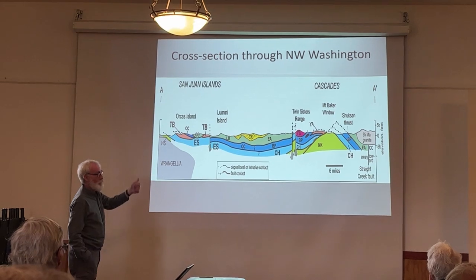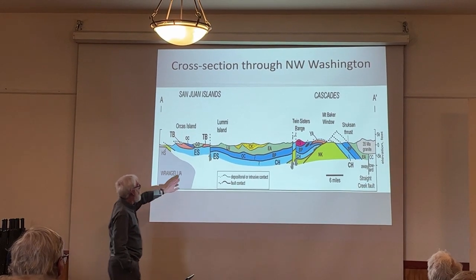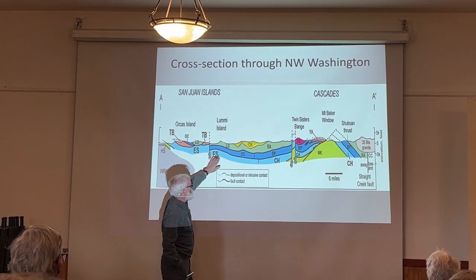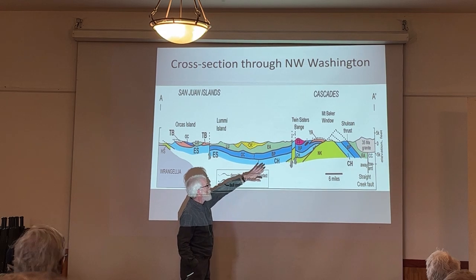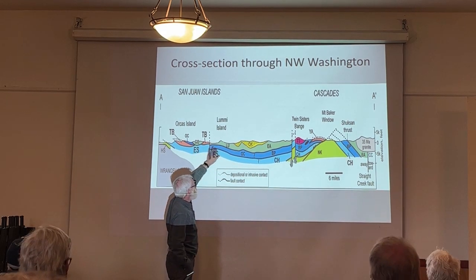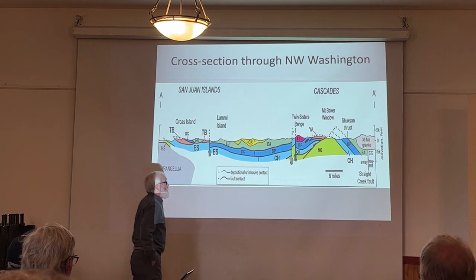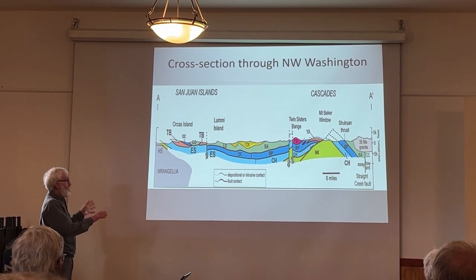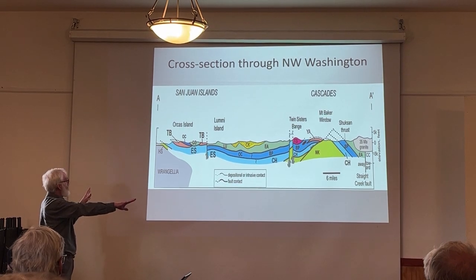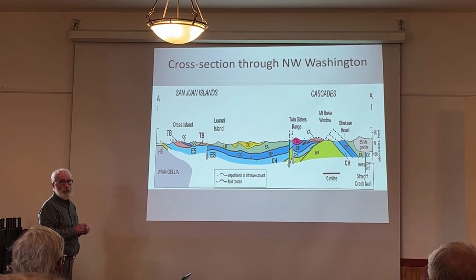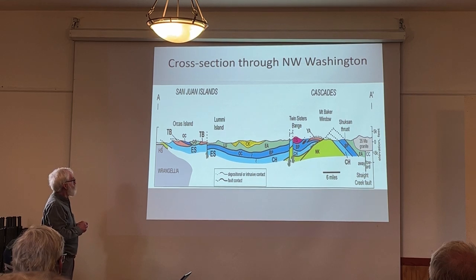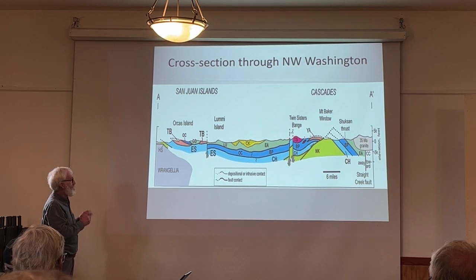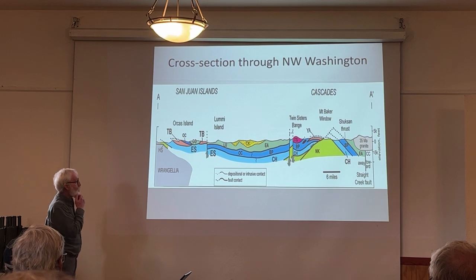They're all related. That's all one terrane, that's all another terrane. So all of these island arcs that came in were big, because this is about 70 miles from the islands out to Mount Baker.